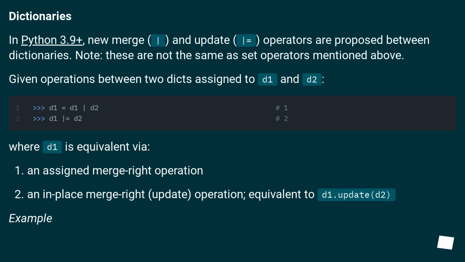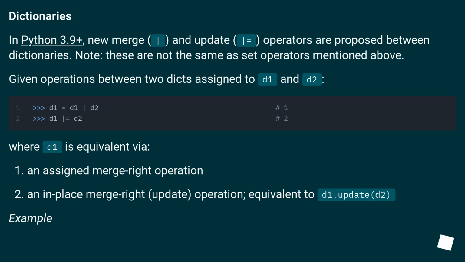Dictionaries. In Python 3.9+, new merge (vertical bar) and update (vertical bar equals) operators are proposed between dictionaries. Note, these are not the same as the set operators mentioned above.